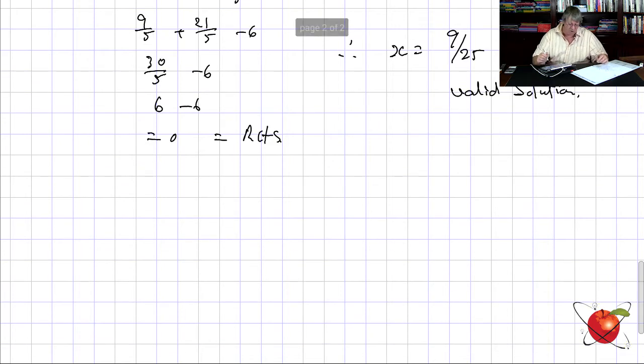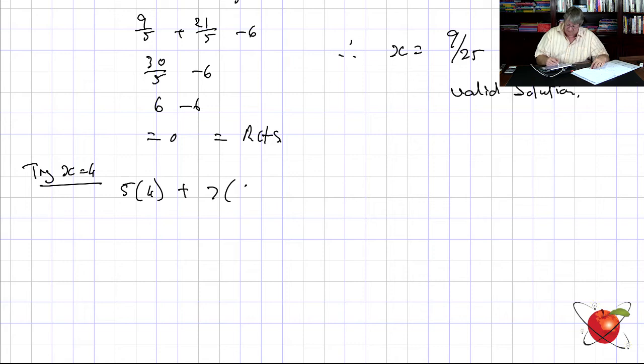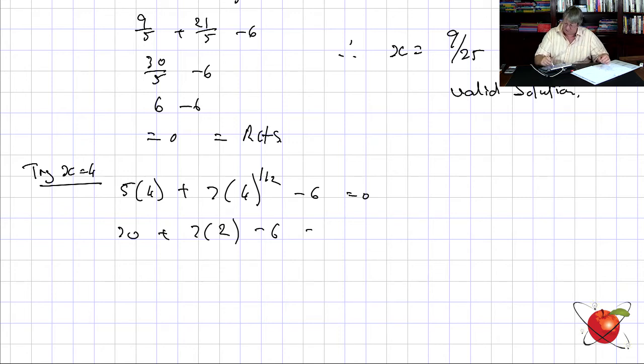Moving up, now we have to try x equals 4. So let's put x equals 4 in. Try x equals 4. Let's go. That is 5 times 4 plus 7 times 4 to the power of a half minus 6. 5 times 4, 20. 7 times that is 7 times 2 minus 6. Sorry, I shouldn't put in there equals 0 because that's what we're doing.